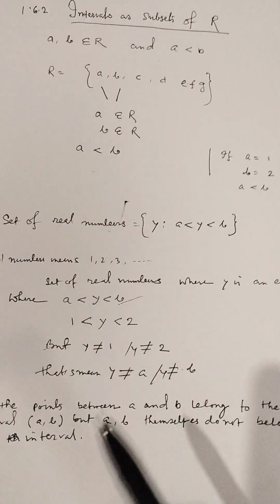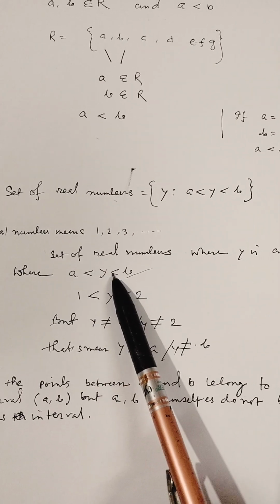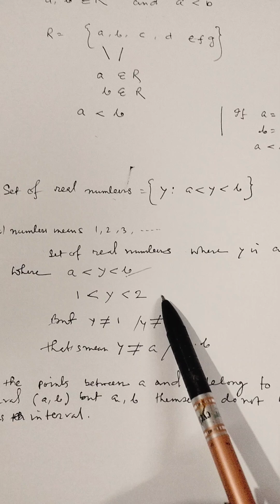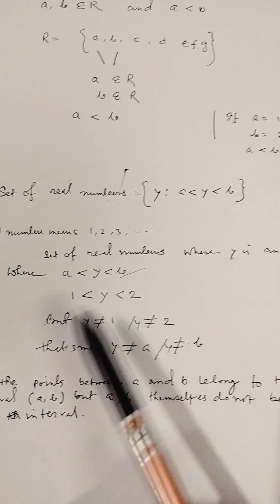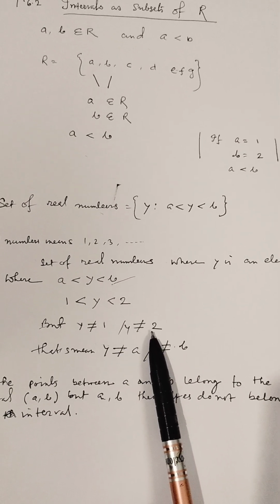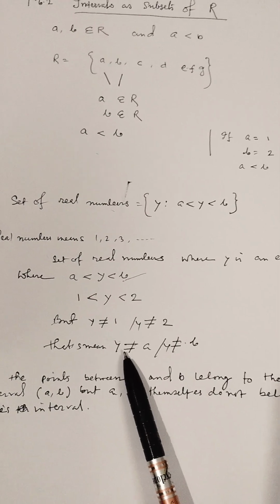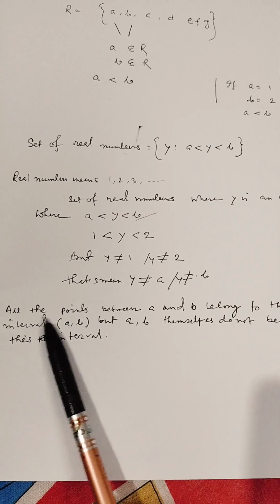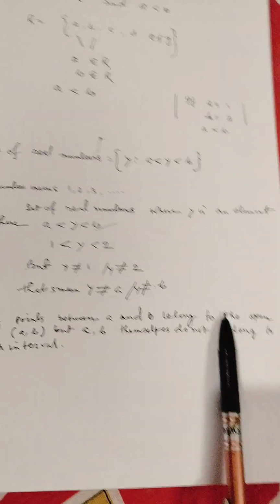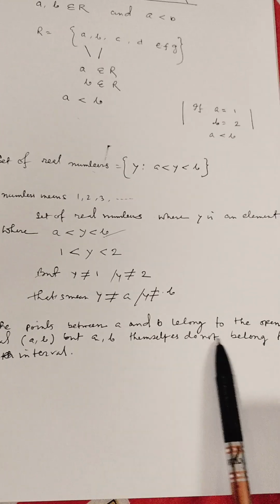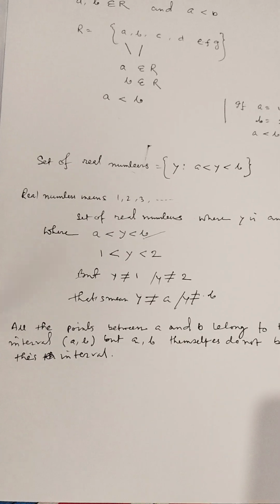Students, the set of real numbers where y is an element and y is in between a and b. If a is equal to 1, b is equal to 2, then y is in between 1 and 2. But y is not 1 and y is not 2. That means y is not a and y is not b. So remember, all the points between a and b belong to the open interval (a, b), but a and b themselves do not belong to the interval.